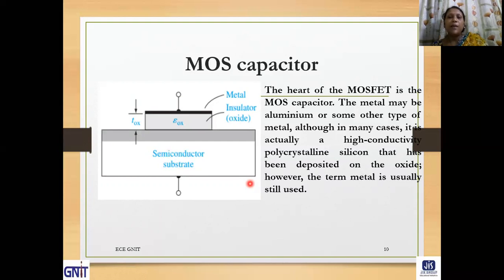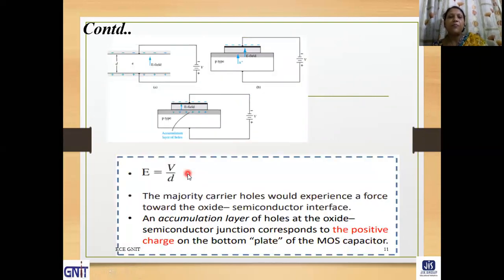The metal may be aluminium or some other type of metal, although in many cases it is actually a high conductivity polycrystalline silicon deposited on the oxide layer. So this is the semiconductor, this is the gate metal, and this is the oxide layer. That's why the name metal oxide semiconductor.